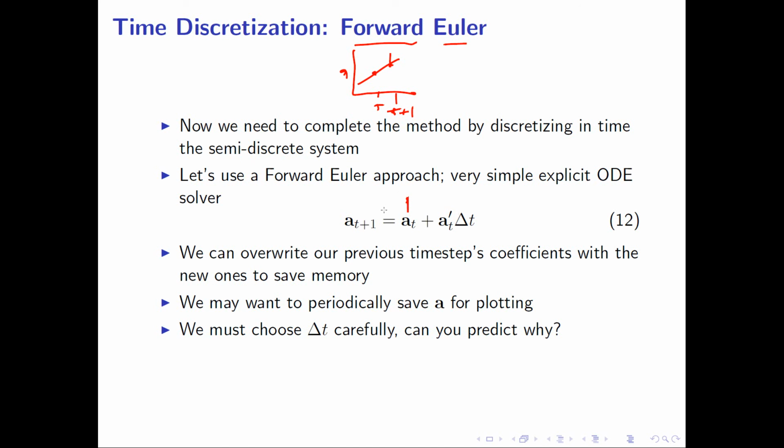And notice that unless we need to do something in post-processing, we don't need to keep the previous time step's coefficients. We can just simply overwrite them, and this helps to save memory. We may want to, every so often, save our solution values so that we can reconstruct the time dynamic behavior of our overall system, but typically you don't need to save your solution coefficients every single time step.